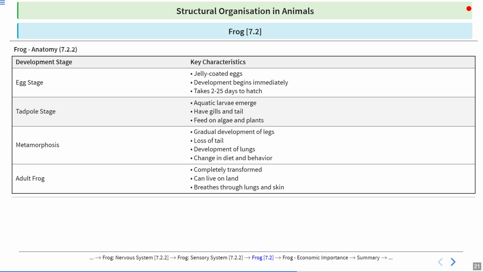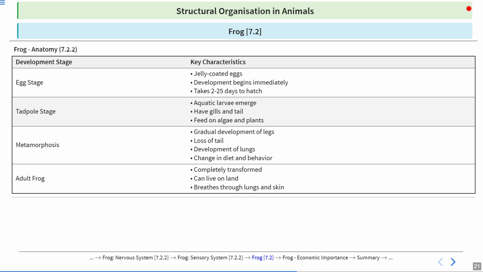Development of lungs: the gills disappear and lungs start developing. Changes in diet and behavior. Earlier it depended on algae and plants, but now it starts eating insects.